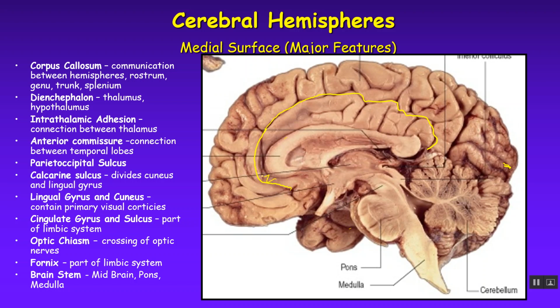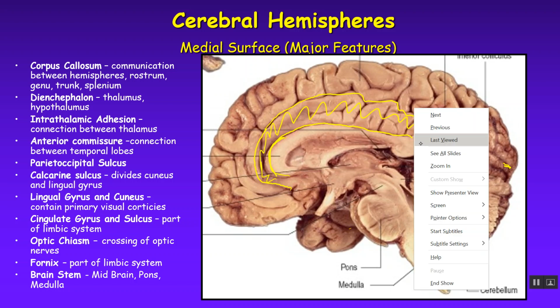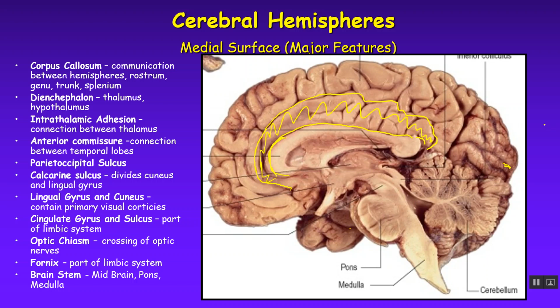And then just below that, this whole region here is the cingulate gyrus, also C-shaped in nature. Then there's a sulcus right here just above the corpus callosum. That's called the callosal sulcus, the sulcus right above the corpus callosum.